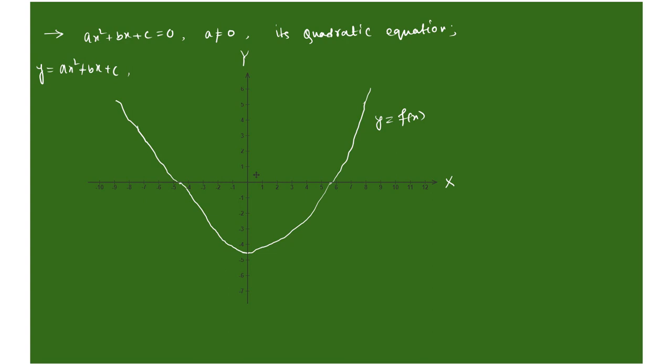Okay, so at this point and this point, y is equal to ax square bx plus c, and we also draw y is equal to 0. What is y is equal to 0? That implies it's the x-axis.